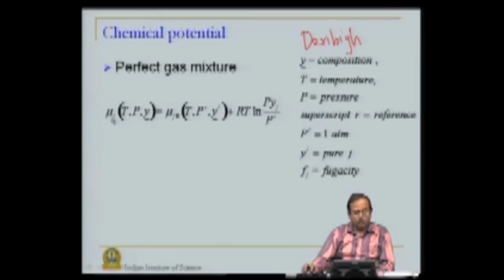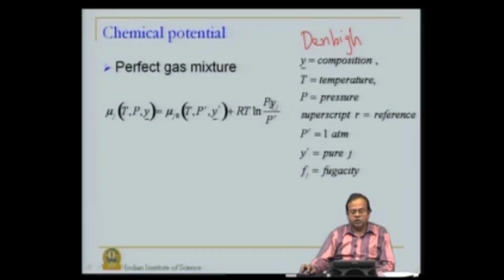Then the chemical potential of component j at given temperature T, pressure P and composition y, in terms of mole fractions y1, y2, y3 for our n components, is related to a reference condition chemical potential mu_j0 at the temperature of interest, reference pressure and reference composition, plus RT ln(P y_j).